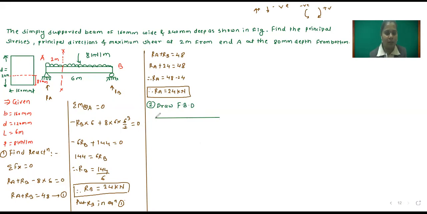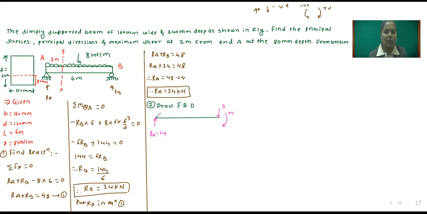Here this is RA, 24. Here one shear force will be created and here a moment will be generated due to this rolling support.